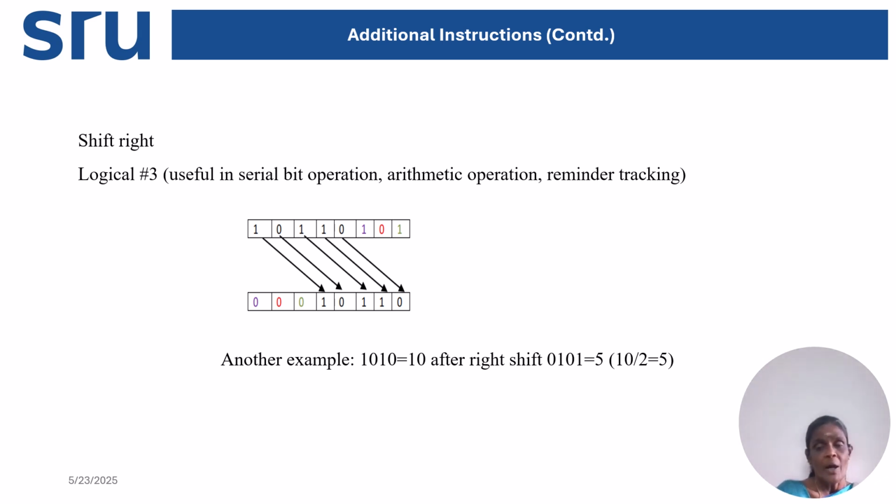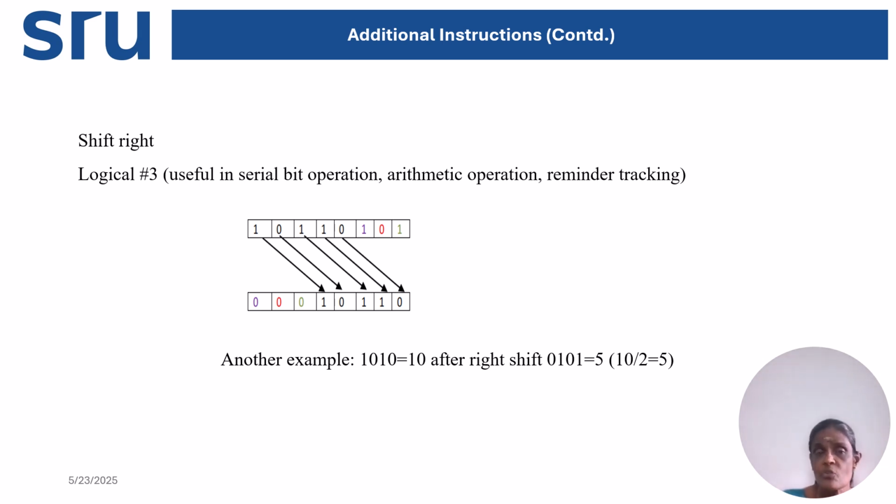shift right. As we have done in the left shift, the same three categories we have to follow: number one, logical shift right, arithmetic shift right, and then with carry. Number one, logical: the same 3 bit positions we have to change. It is used in serial bit operation.